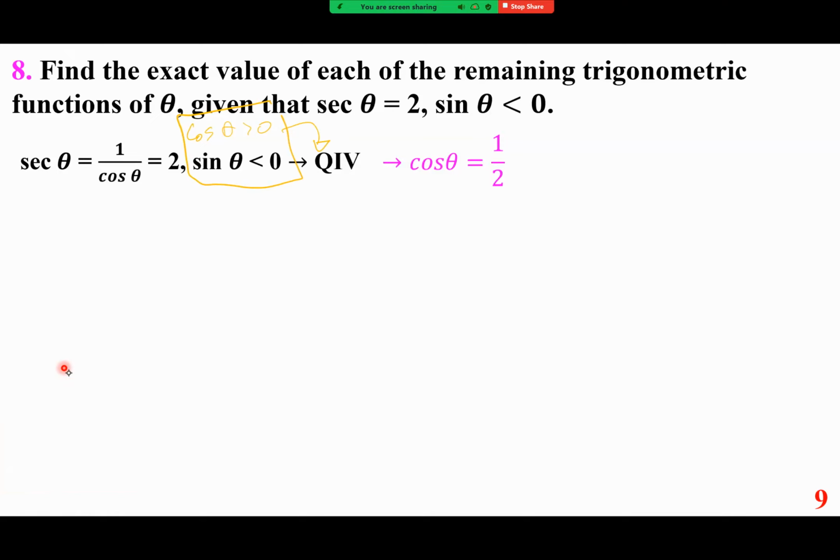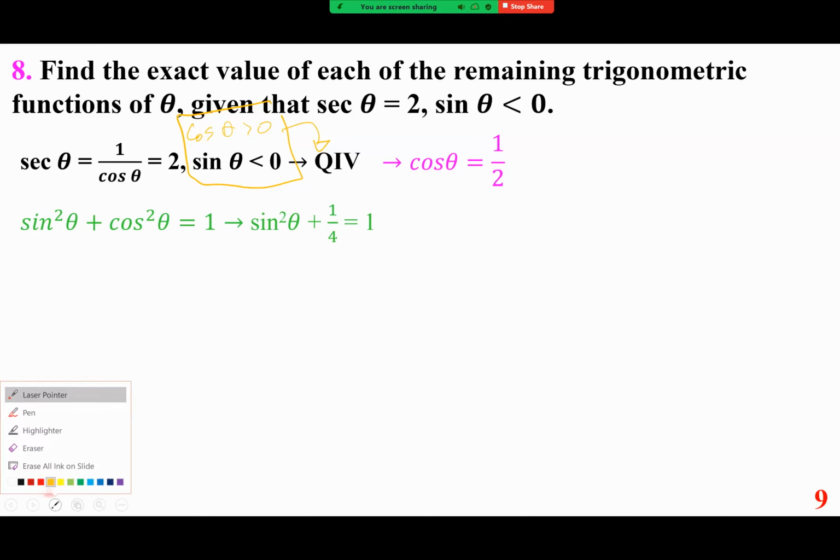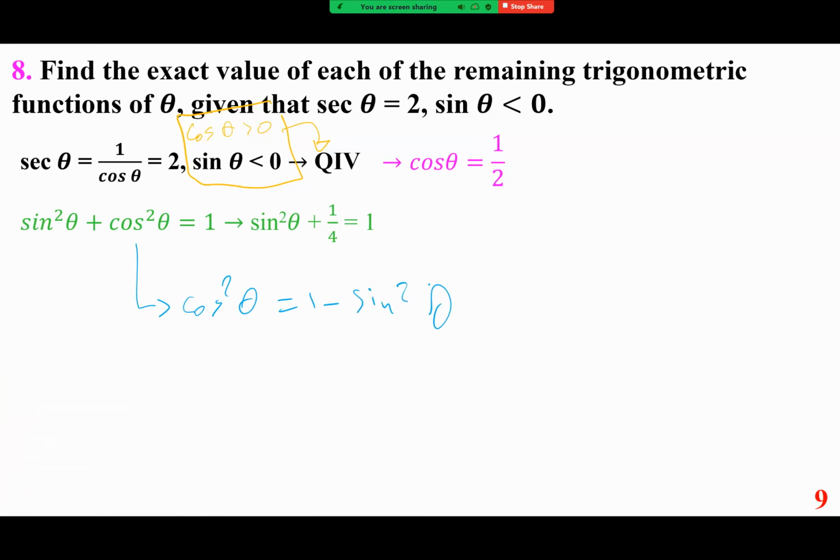You can also go with the identities, okay? For example, we know sine squared plus cosine squared is 1. And by the way, when you know sine squared plus cosine squared is 1, there are a couple of things that I'm going to quickly write that you should know. Obviously, it means, for example, that cosine squared is 1 minus sine squared, or cosine is plus or minus the square root of 1 minus sine squared.